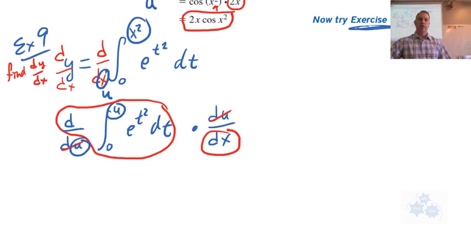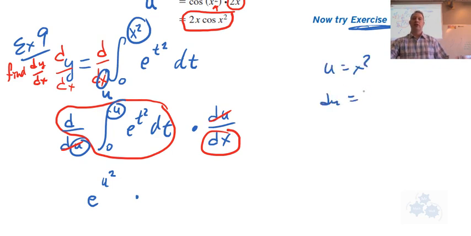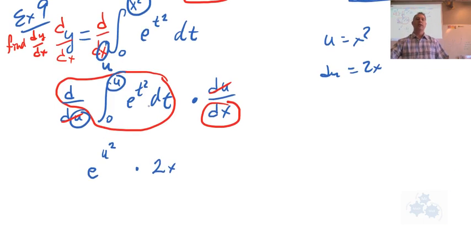So this is going to be e to the u squared times, now what's the derivative of u? u is x squared, du is 2x. Wait, did you just change t to x? I just changed t to u because I have a u here and a u here. See, you are here and you are here. You are in two places at once.